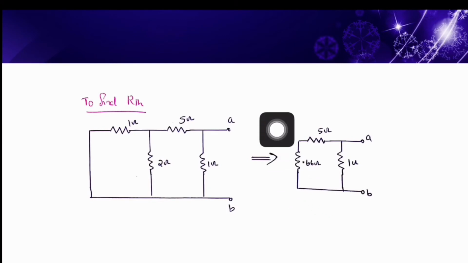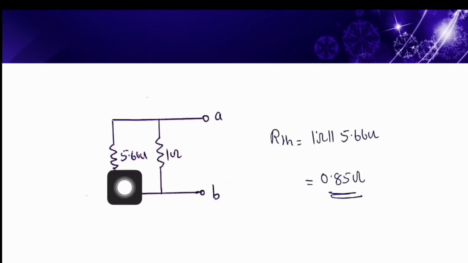So we replace this portion with its series equivalent resistance, 5.66 ohm. Finally, you can see this 5.66 ohm and this 1 ohm are connected in parallel. So we write RTH, the Thevenin equivalent resistance, as 1 ohm parallel 5.66 ohm, which is equal to 0.85 ohm. Thus we calculate RTH.